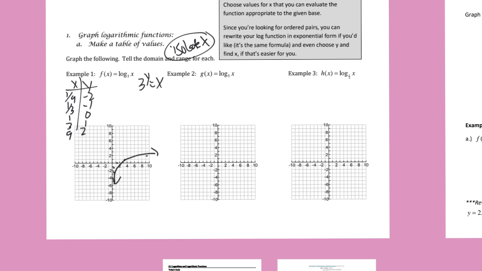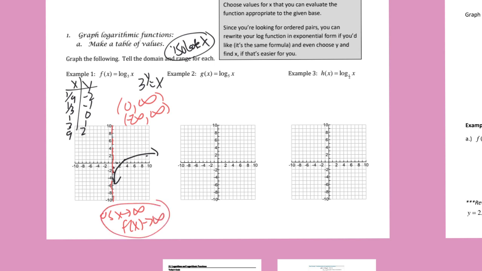Okay, logarithms are like trees. Their asymptotes are the y-axis. And if we talk about domain and range, we would say from 0 to infinity. The range is negative infinity to infinity. And if they ask for end behavior, it would be as x goes to infinity, f of x goes to infinity.